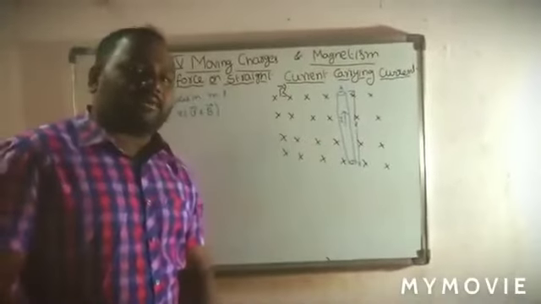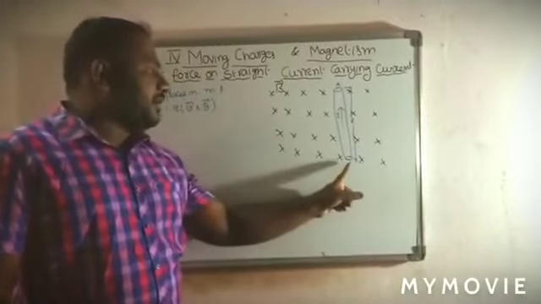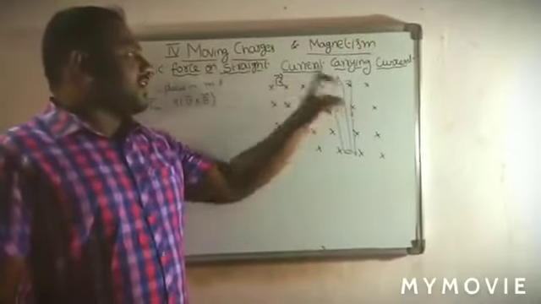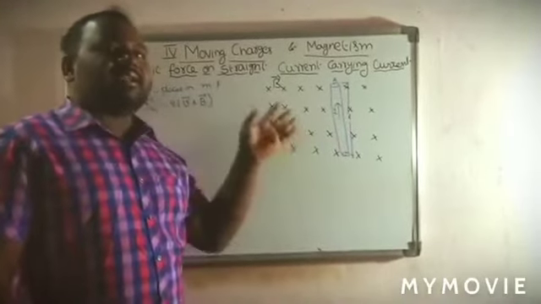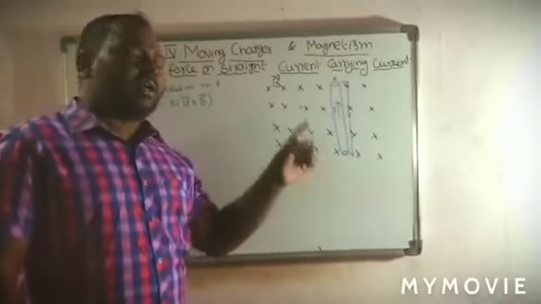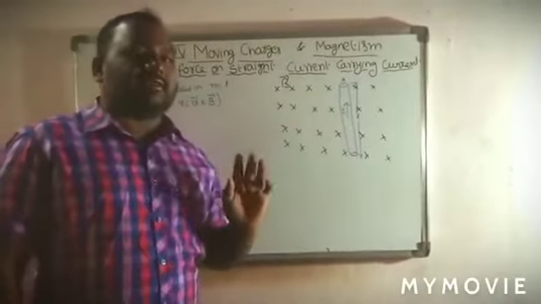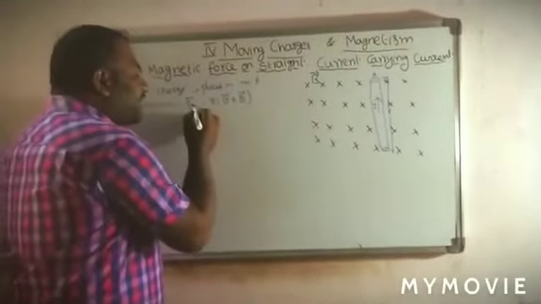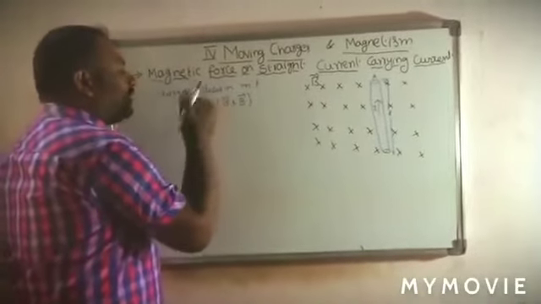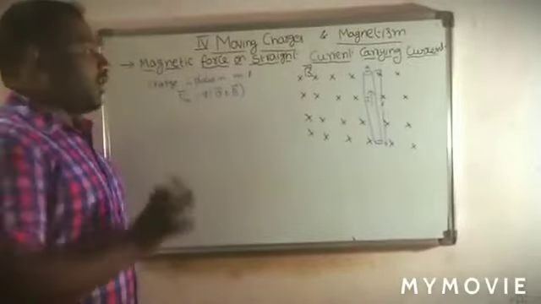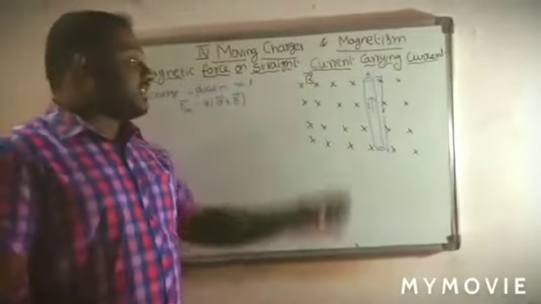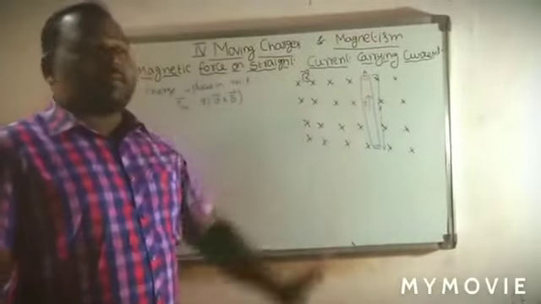Here it is a magnetic field. In that magnetic field we place a conductor. The conductor length is L, its area of cross section is A, and it is a current carrying conductor, so the current flowing through the conductor can be taken as I. Now, that was the expression for magnetic force when a single charge is placed. Now we are going to find it for a current carrying conductor, which contains a number of charges.